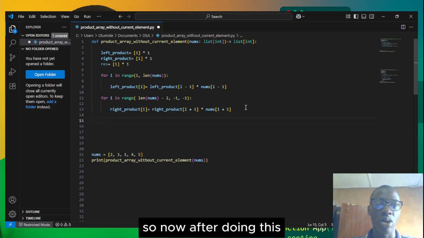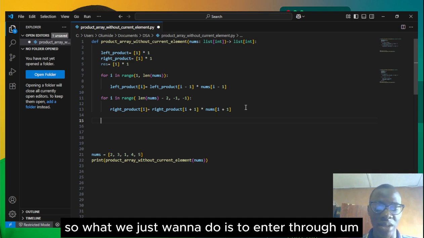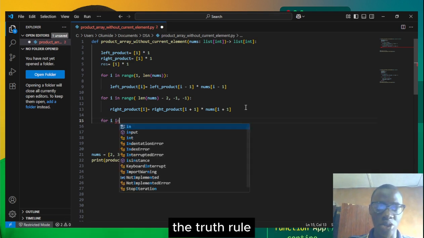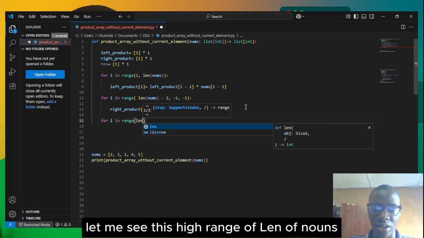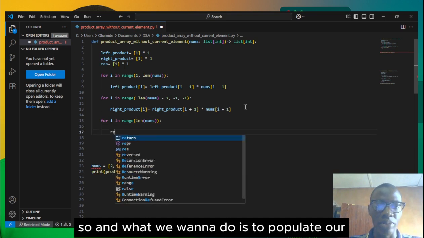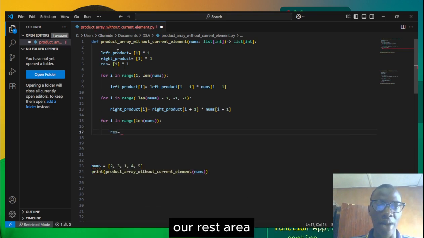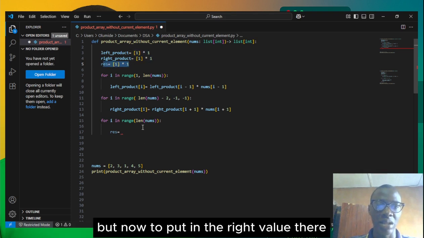Now after doing this, we will have our left product and our right product. So we just want to iterate through i in range of len of nums, and populate our res array. Not really populate, it's already populated with ones, but now we put in the right value there.